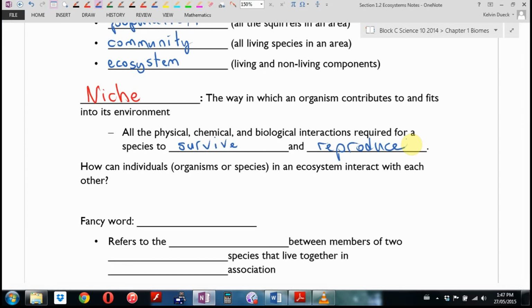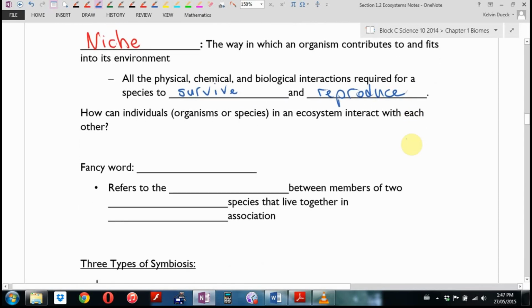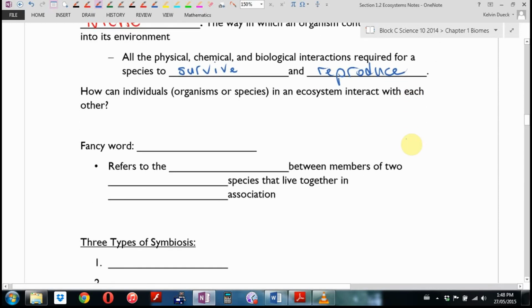How can individuals in an ecosystem interact with each other, whether you're looking at an individual organism, a specific animal, or groups of individuals in a species? We have a fancy word for this. This is sort of like if you've watched The Lion King, Simba and the Great Circle of Life. We call it symbiosis.